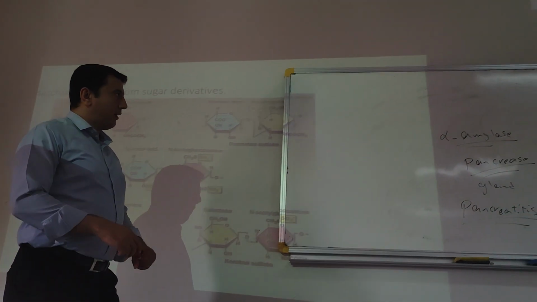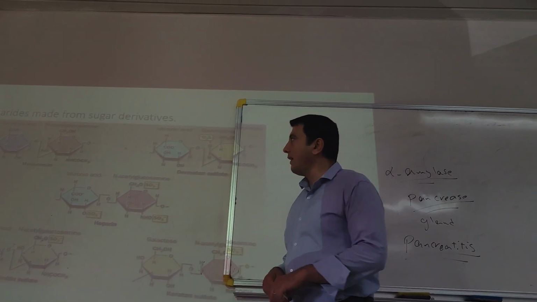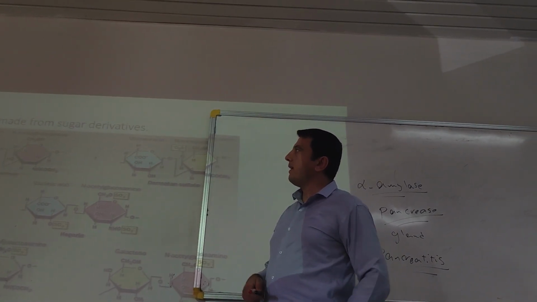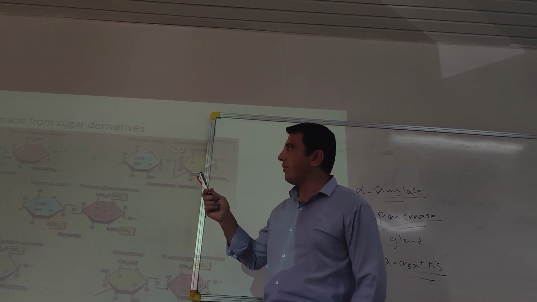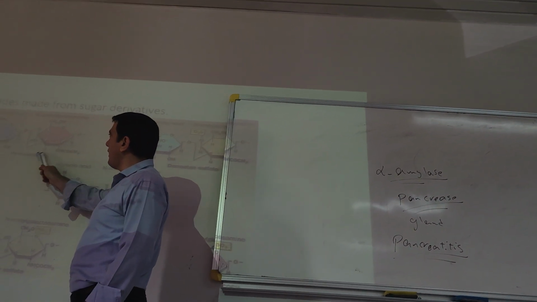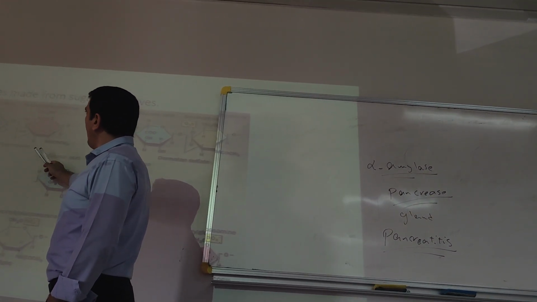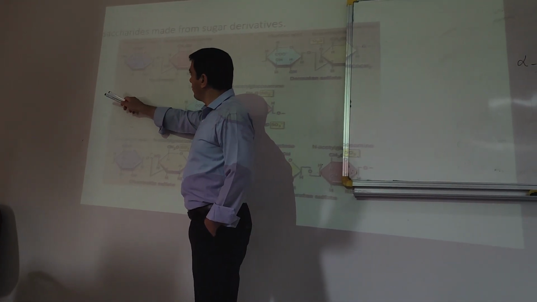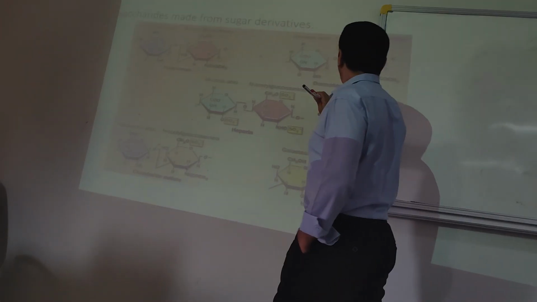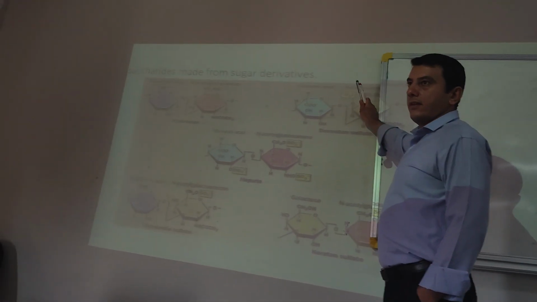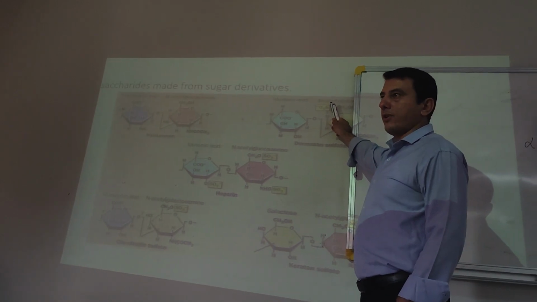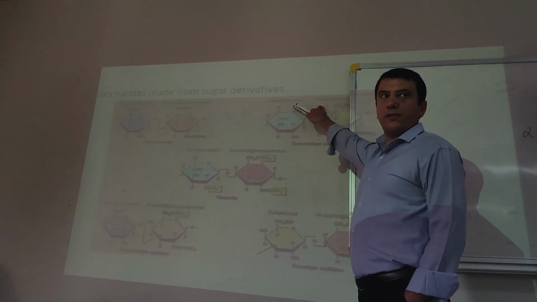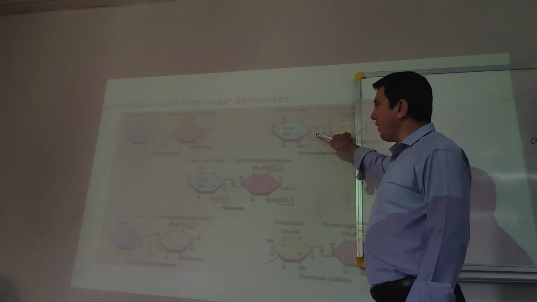Another example of disaccharides: this type is made from sugar derivatives. For example, we have hyaluronan or hyaluronic acid, which are sulfate derivatives of sugars, which means a sulfate group attached to sugar.